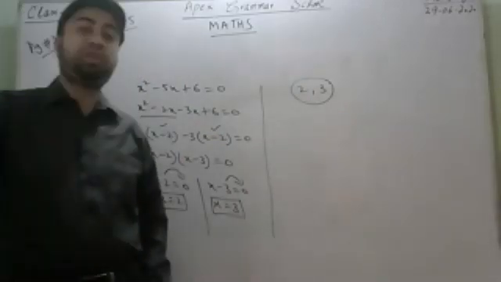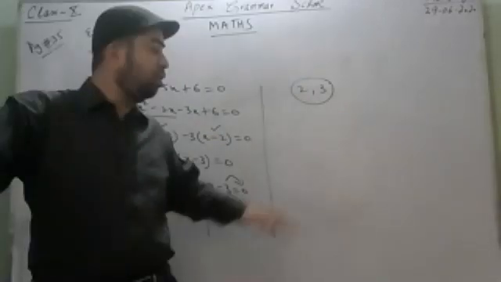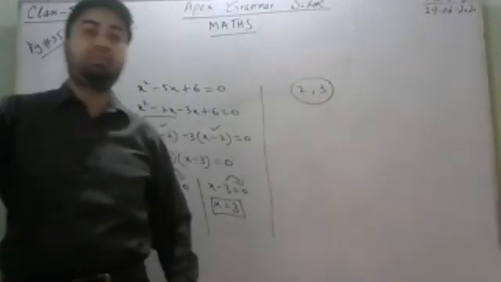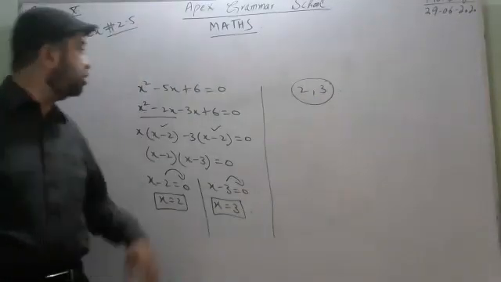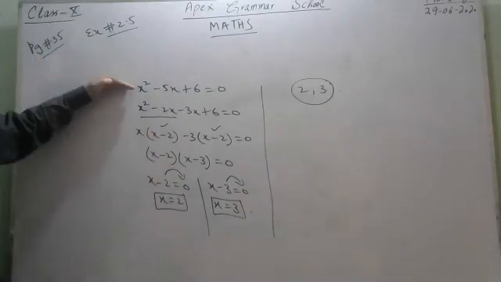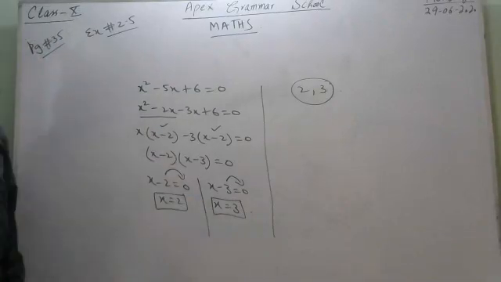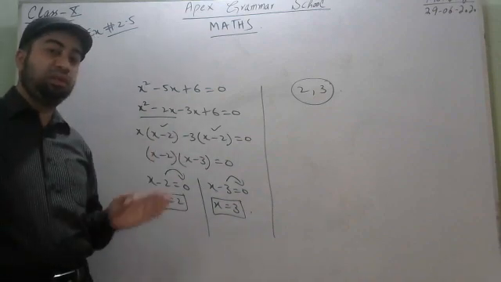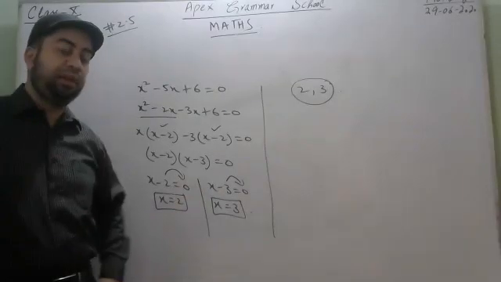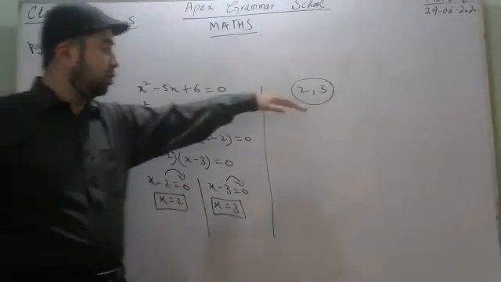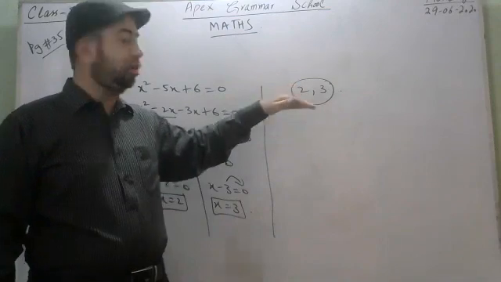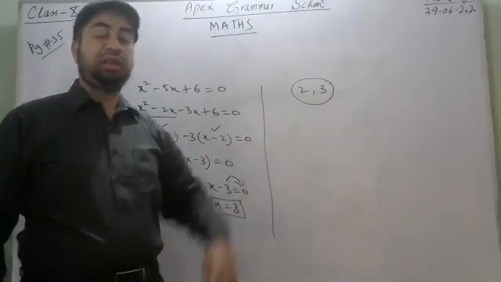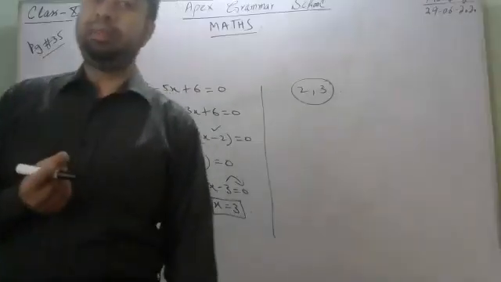The question is, make the quadratic equation whose roots are 2 and 3. At the start of this question, we don't know about this 2 and this 3. But after solving it, we realize that these roots are 2 and 3. If somebody asks us which quadratic equation has roots 2 and 3, this is basically the game.